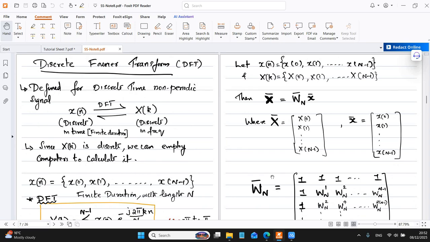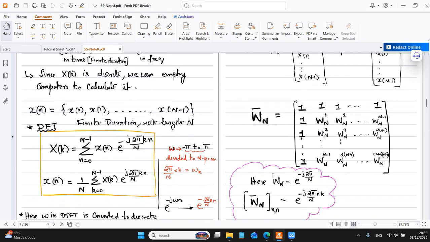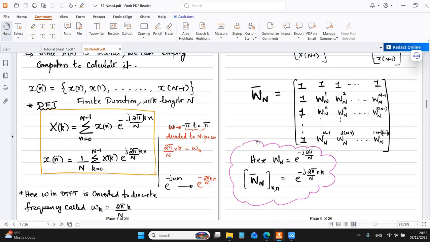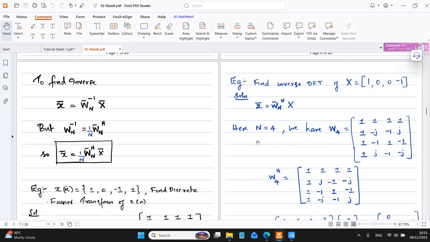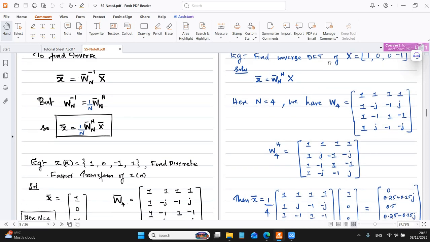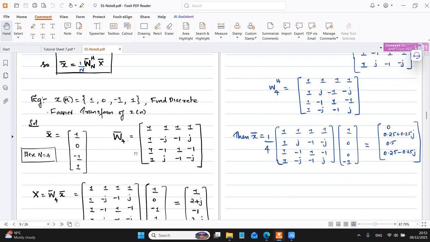Please study the Fourier transform, discrete Fourier transform, and this is the DFT matrix. You can make use of this DFT matrix, and I have already derived this in the class. This is my matrix for the 4-point DFT case.